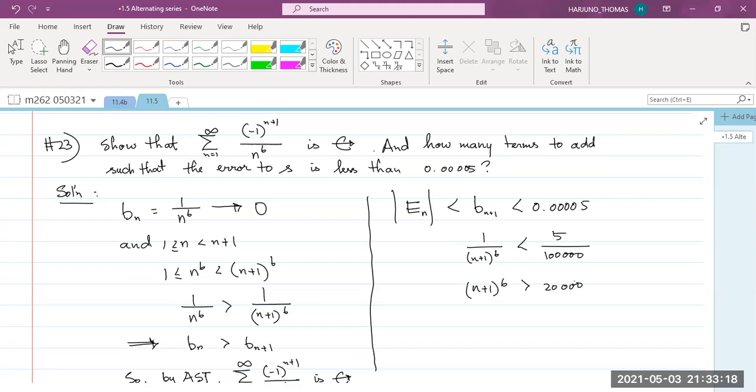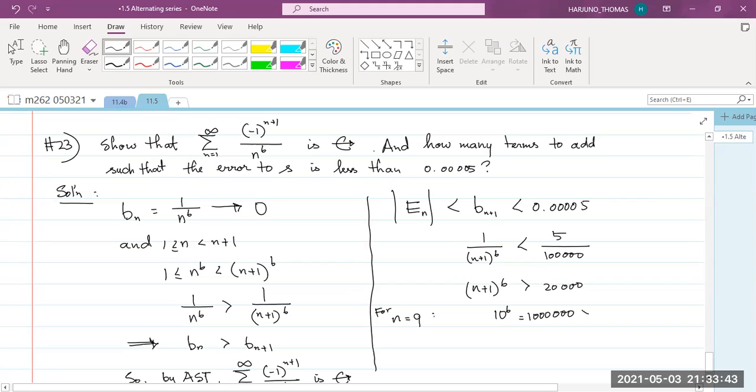Now from here, just do trial and error. When n equals 9, that's already way too big. We already have 10 to the 6, which is 1 million. That's way too big.